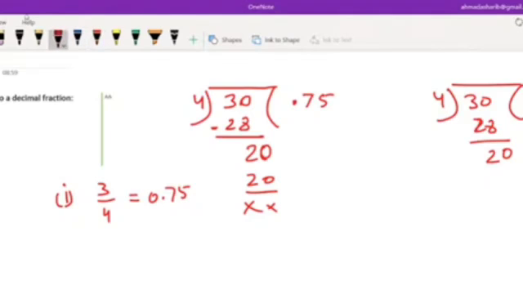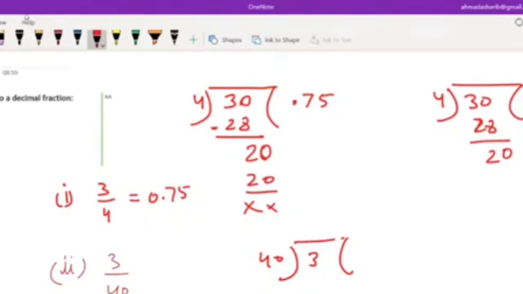नेक्स्ट 3 upon 40, sorry, 3 upon 40. So now divide 3 by 40 and put a decimal. Since 3 is smaller than 40, so you have to increase a 0.